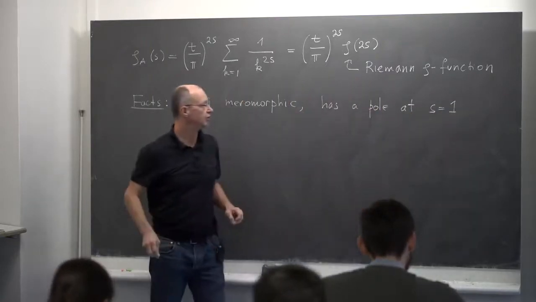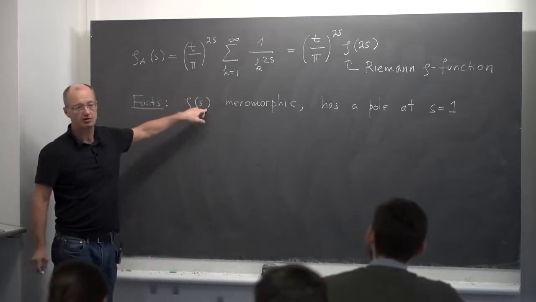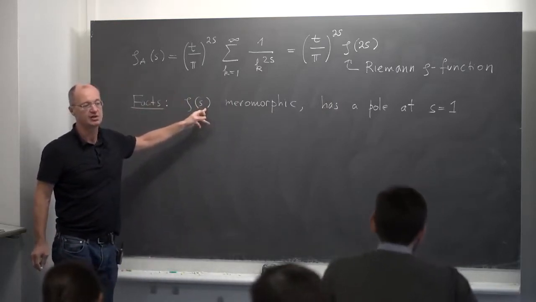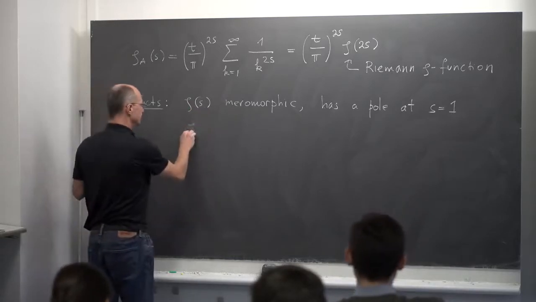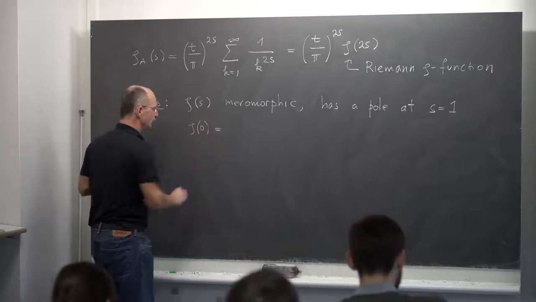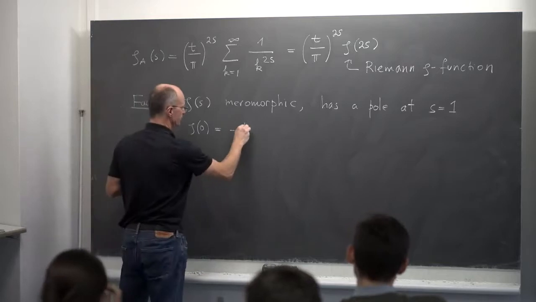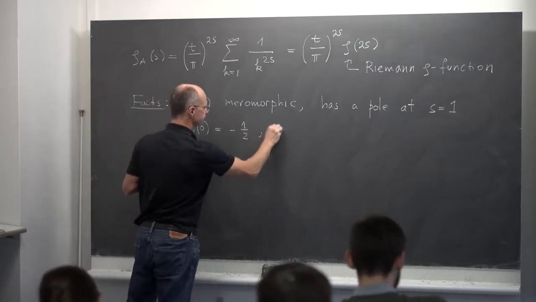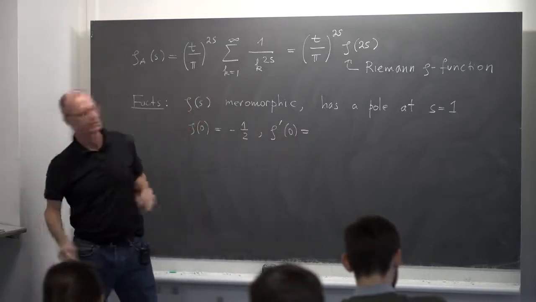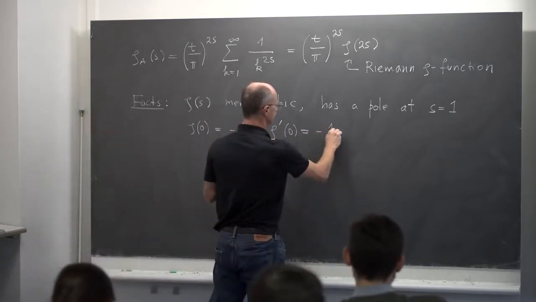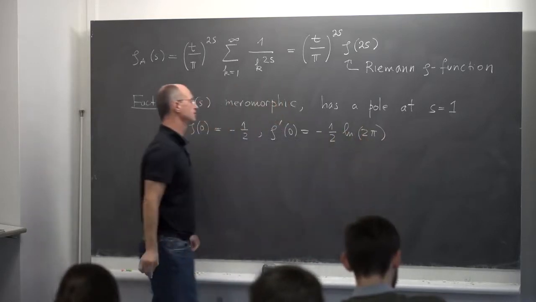It has the unique pole at s equal 1. And you know, this pole corresponds to the harmonic series, sum of 1 over k. And what is interesting for us are the values of zeta of 0, which is minus 1/2, and zeta prime of 0 is minus 1/2 times log of 2 pi.